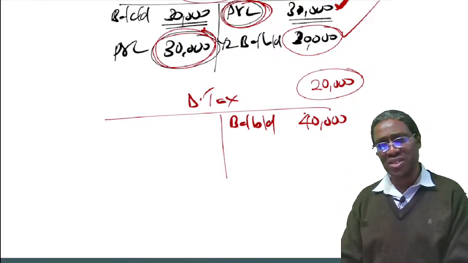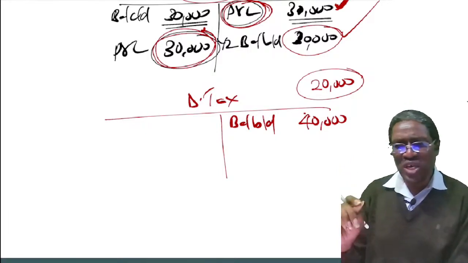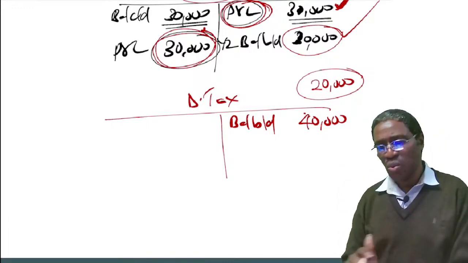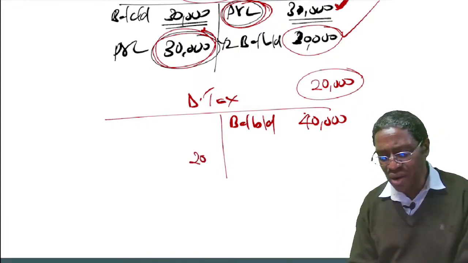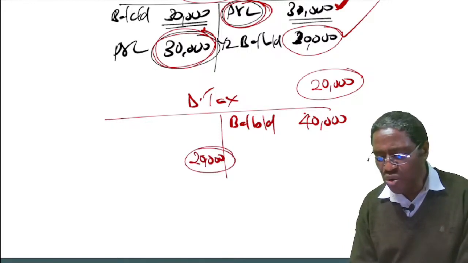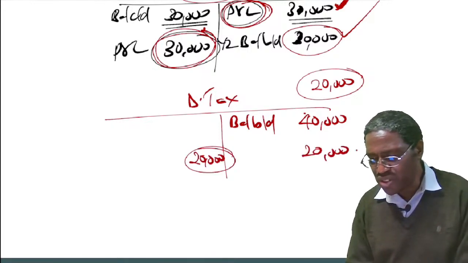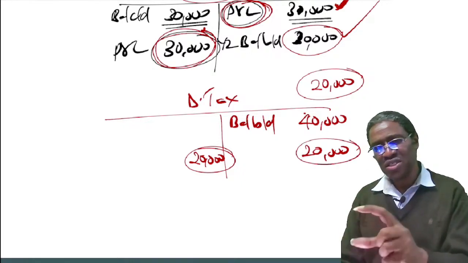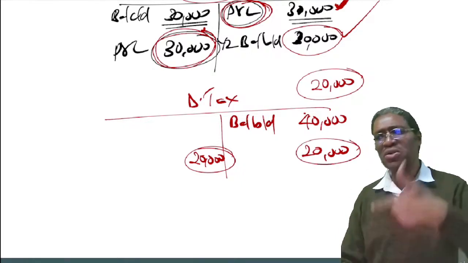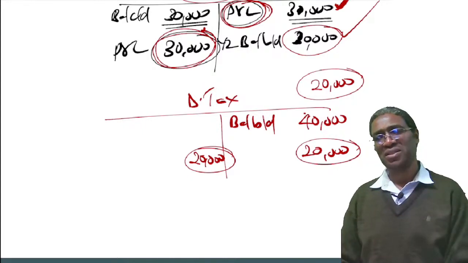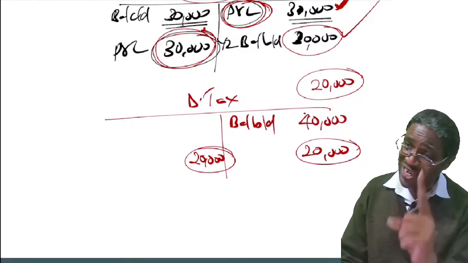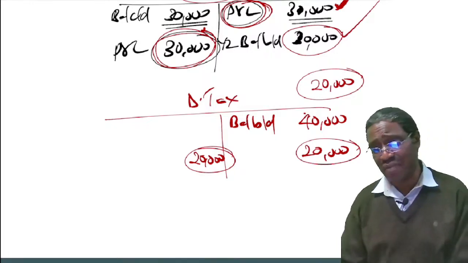So tell me this. When you are told to increase deferred tax by 20,000, will you debit the deferred tax account by 20 or will you credit it by 20? When the examiner says deferred tax to be increased by 20,000, you needed to know deferred tax is a liability.